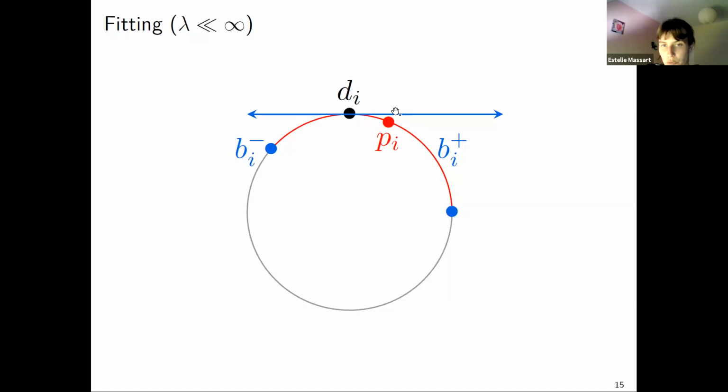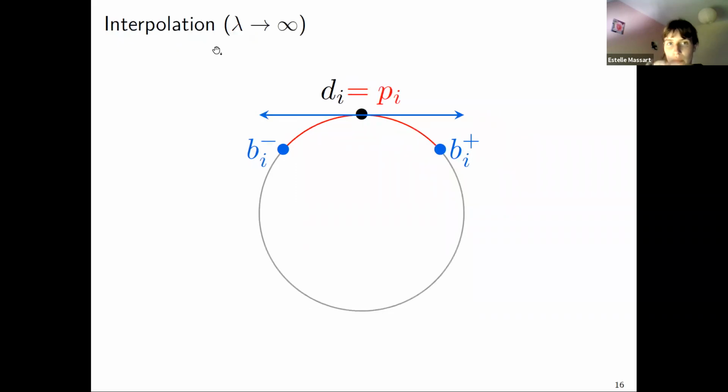That's supposed to be our p_i. That's how the method works, and that's for the fitting case. In the interpolation case, p_i should ideally be equal to d_i.